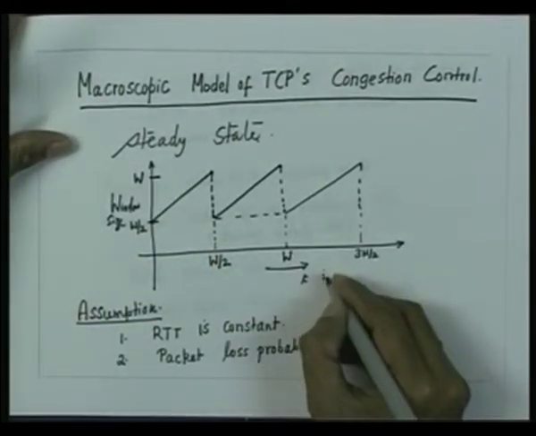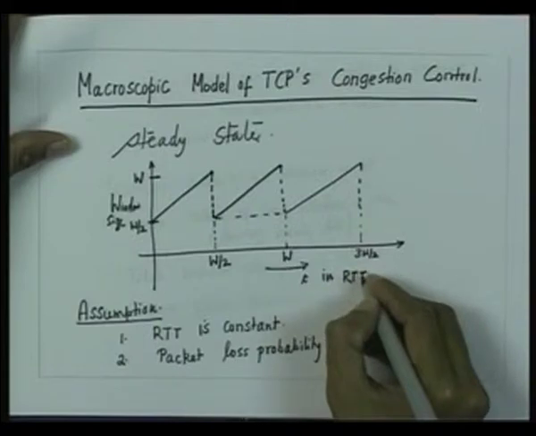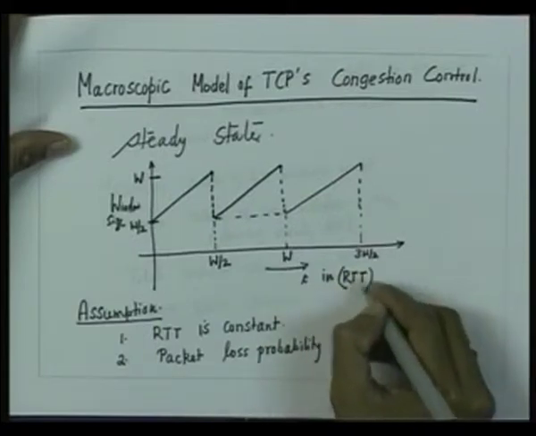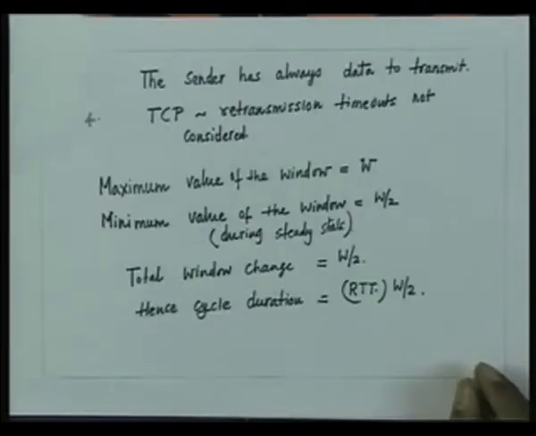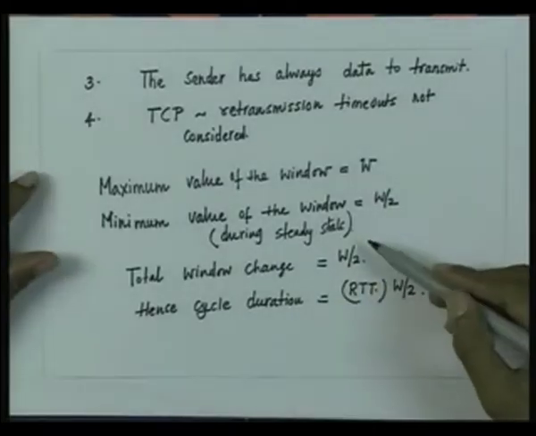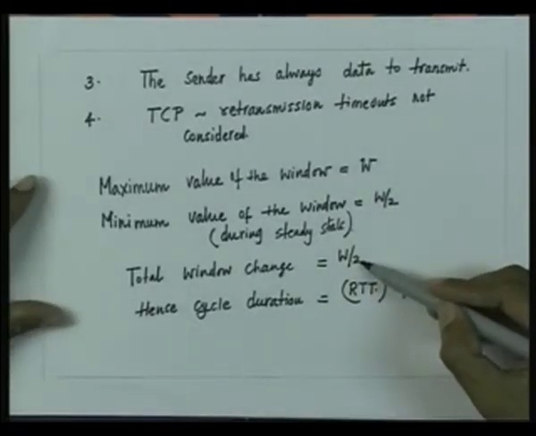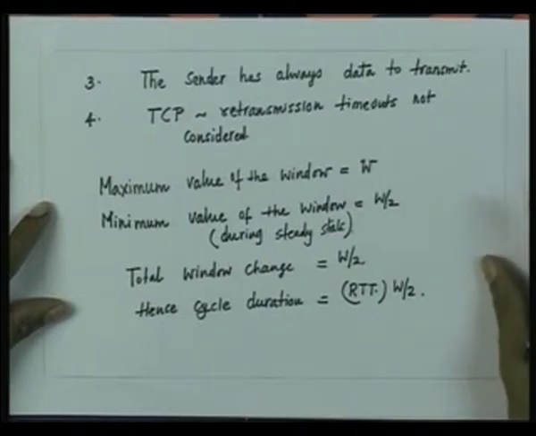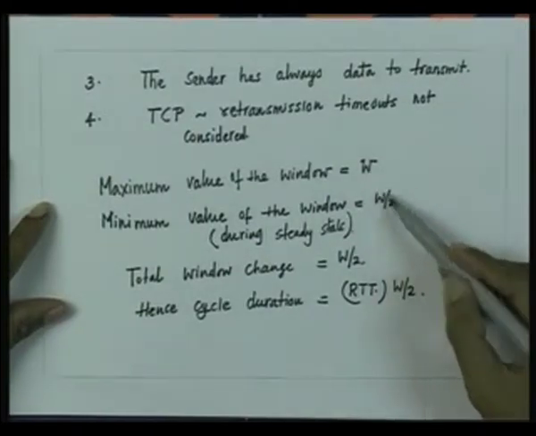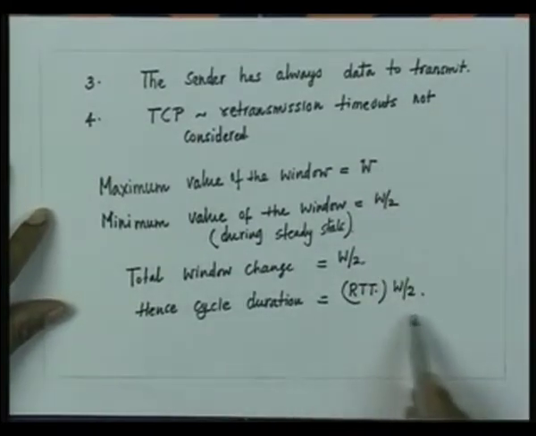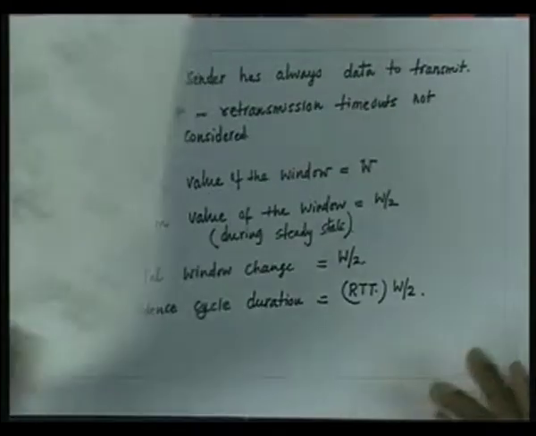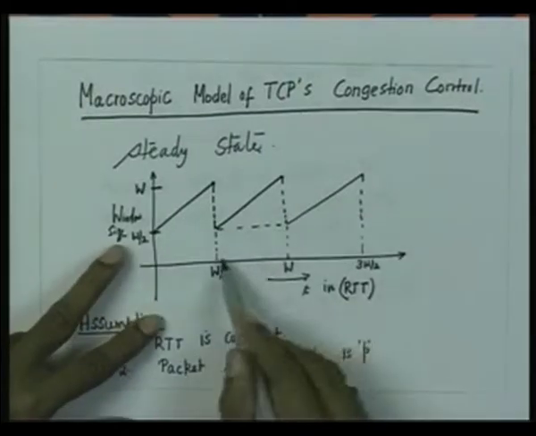We measure this time in RTTs. As we know that the window opens by one packet every RTT, and since the total window change is W by 2, obviously the cycle duration is RTT into W by 2. Now the question is, how much data has been delivered during this cycle?